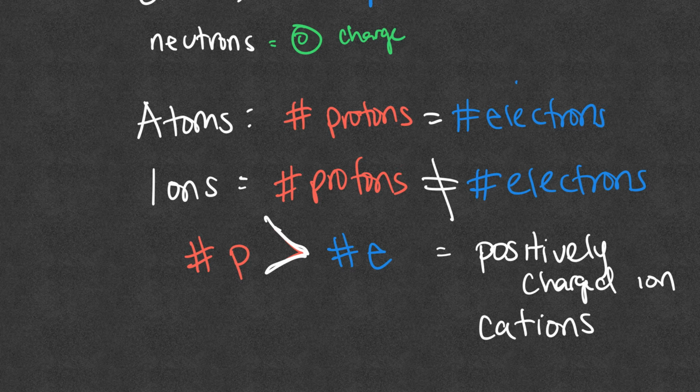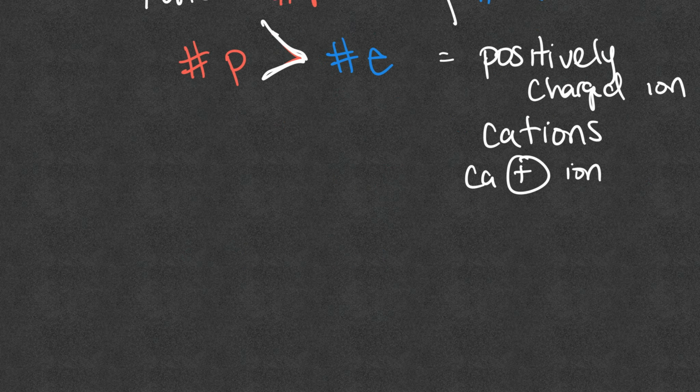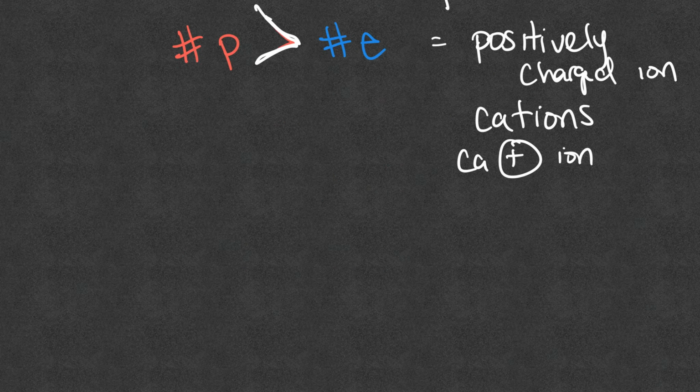The way I remember this is that the t is kind of like a plus sign, a positive sign: cation. So anytime you have more protons than electrons, the ion is positive, and thus it is a cation.